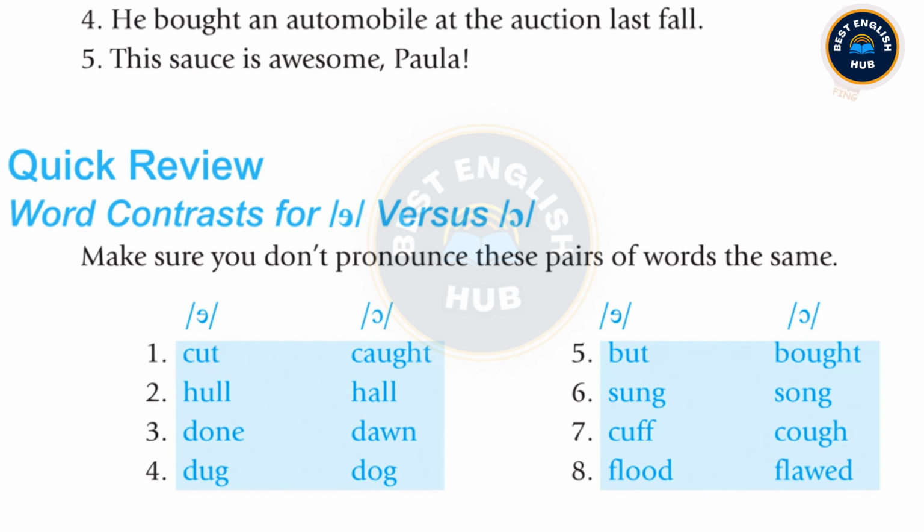Quick review. Vowel contrasts for uh and aw. Make sure that you don't pronounce these pairs of words the same. Cut, caught. Hull, haul. Done, dawn.